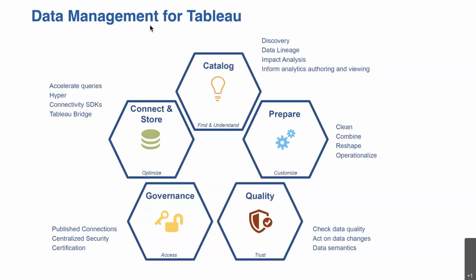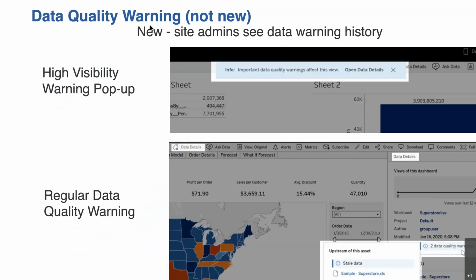The data quality warning is not new. Let me double click on that, but now the admin view is available, which makes it easier. If you have not used it yet, I know it's hard to use at this point in time because of the permission challenge.